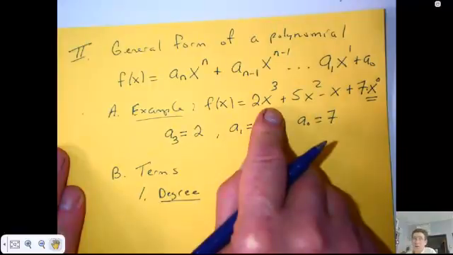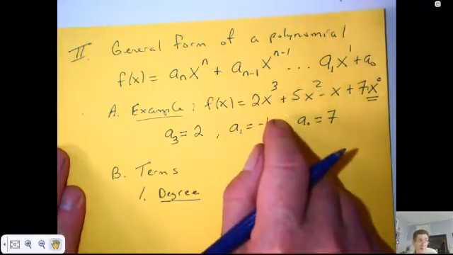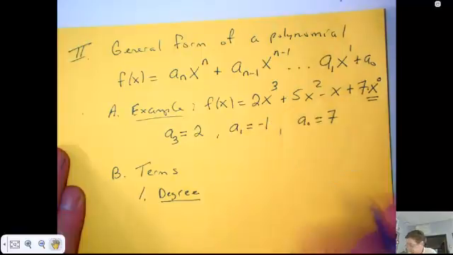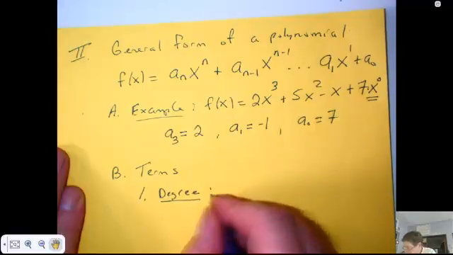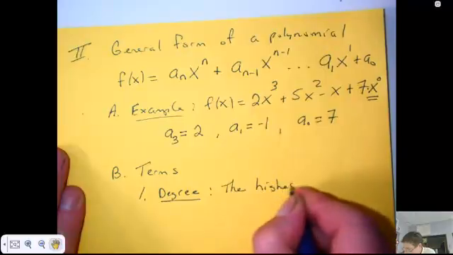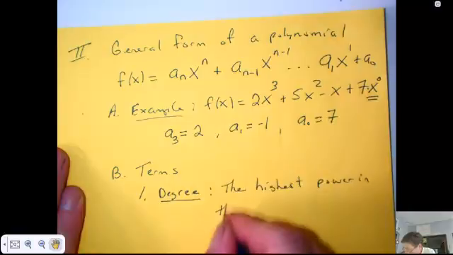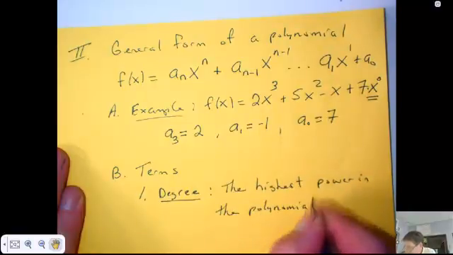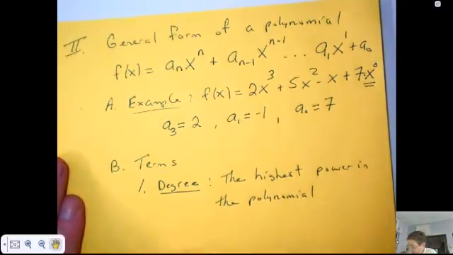This would be degree 3, right? The degree is just the highest power. If you look at all the terms, the highest power. This is the highest power in the polynomial. Right, highest power.